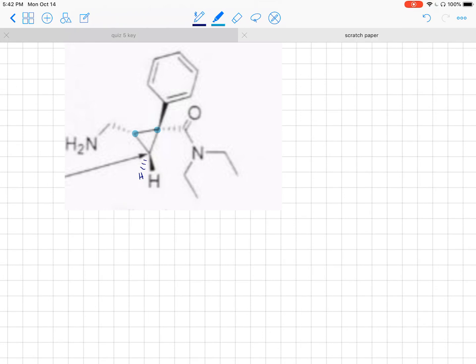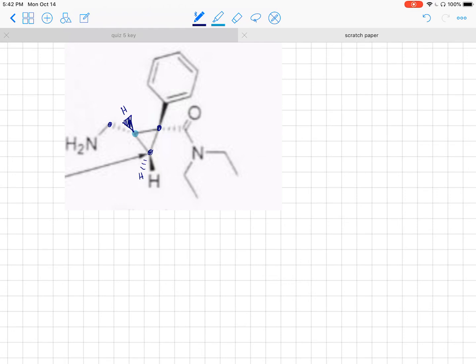So looking at this first one on the left, it's bonded to a carbon, which is bonded to an NH2. It's bonded to a carbon, which is bonded to this amide group and also this benzene ring. And it's bonded to a carbon that is bonded to these 2 hydrogens. And there's also an implied hydrogen right there.